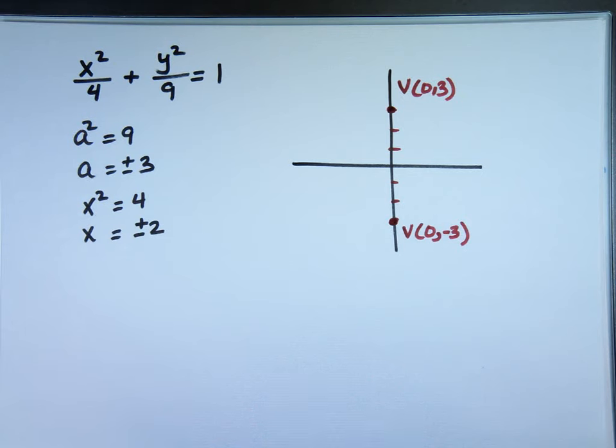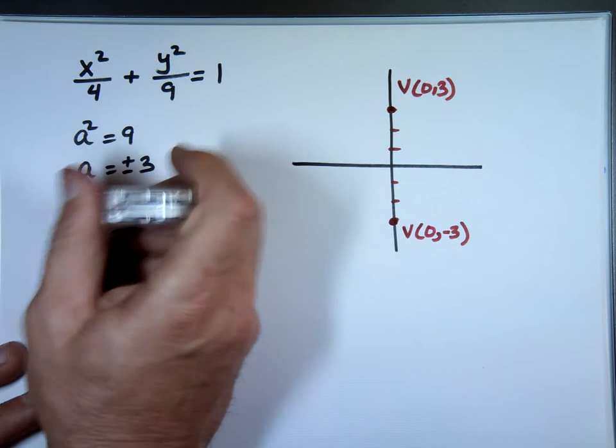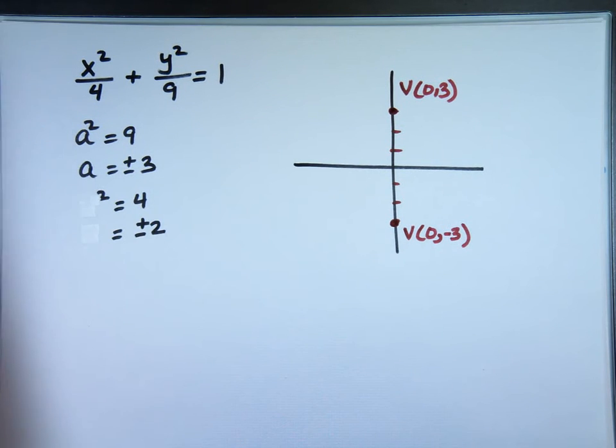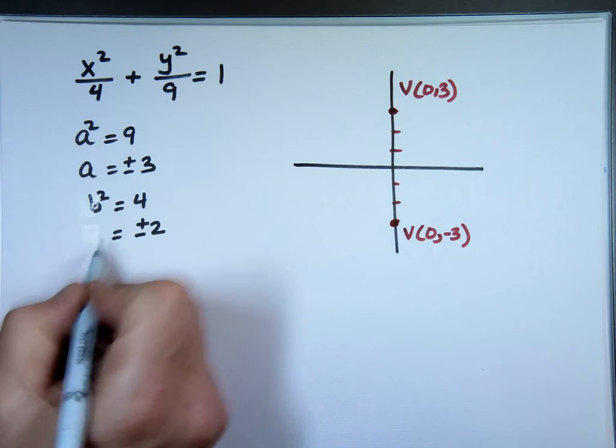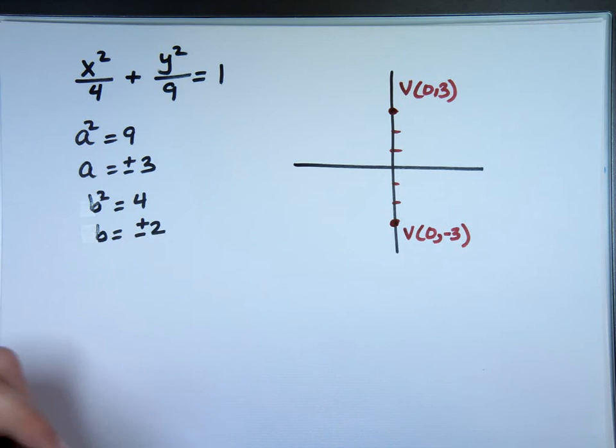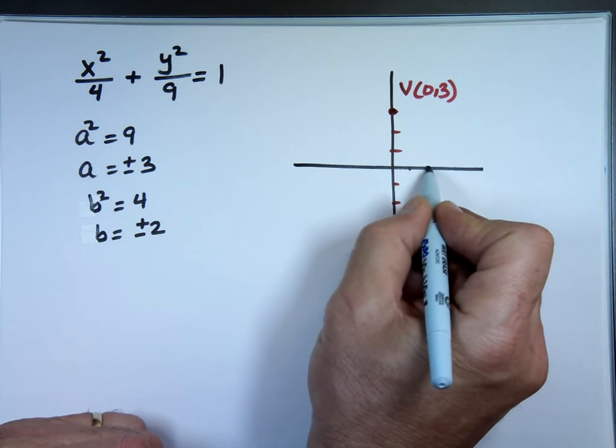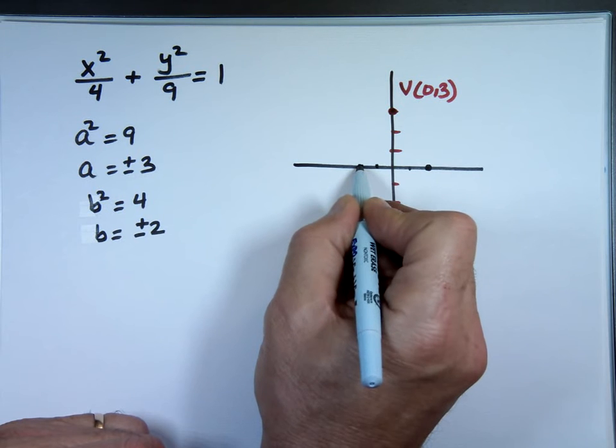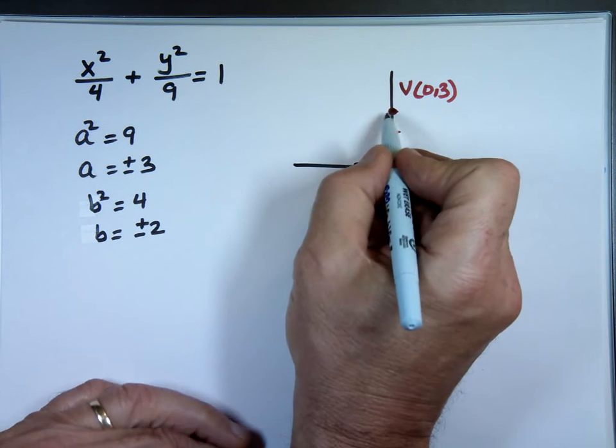Oh, I wrote x, I'm sorry. Yeah, b. So the other numbers are what? Here's 1. Here's the 2. So the graph looks like this.